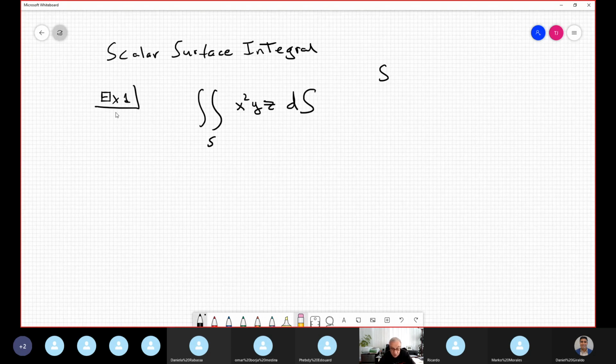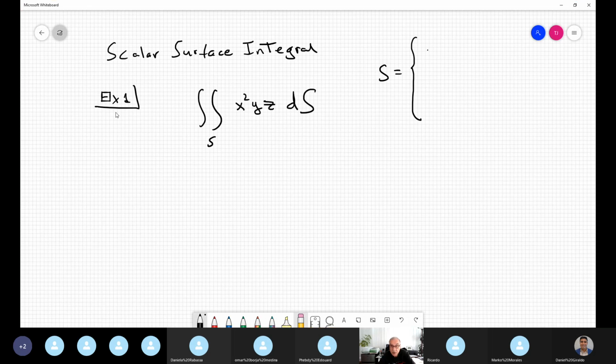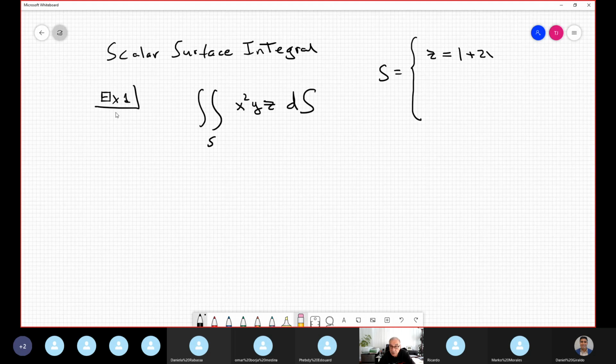And the surface is given by the equation z equals 1 plus 2x plus 3y, and it lies above the region determined by the Cartesian product [0,3] times [0,2].